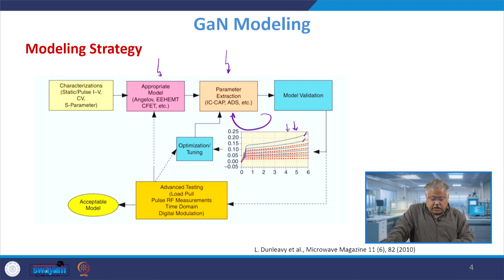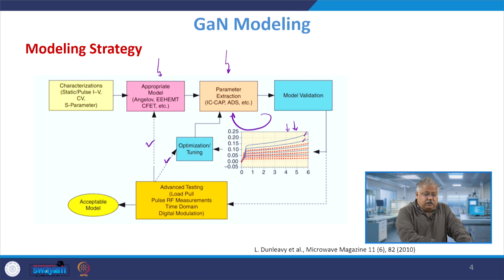For this, you see there are two lines which are being shown here, this one and this one. So what you do is that even when you do very advanced level of testing, that data is also fed back into the appropriate model and the fine tuning of your parameters, so that you are able to achieve the accuracy required in a very small amount of time, at the cost of doing some higher level experiments, for example advanced testing like load pull experiments in a larger manner.